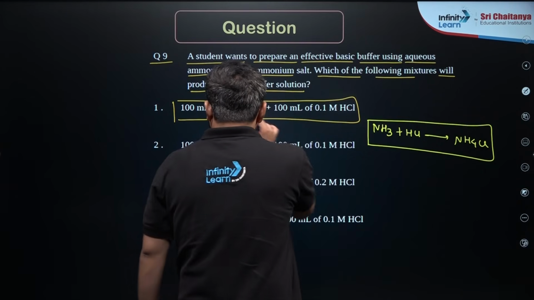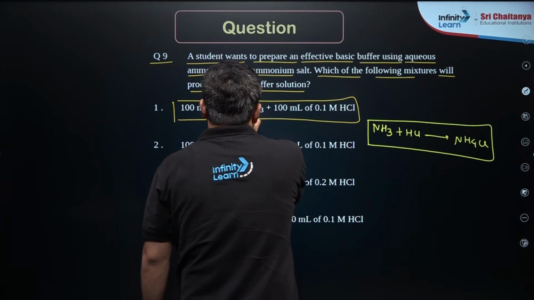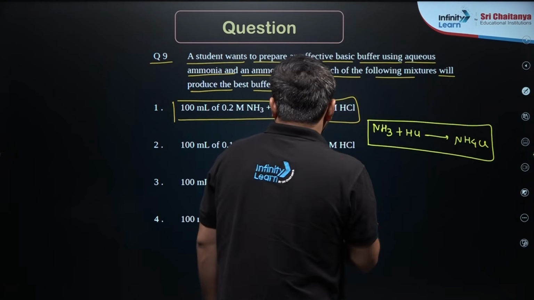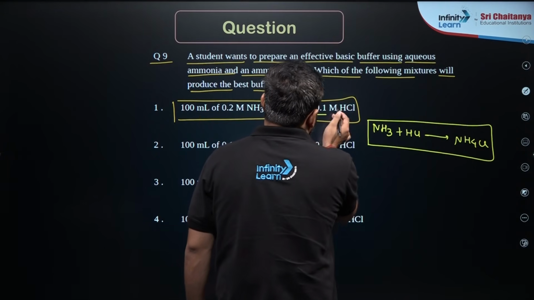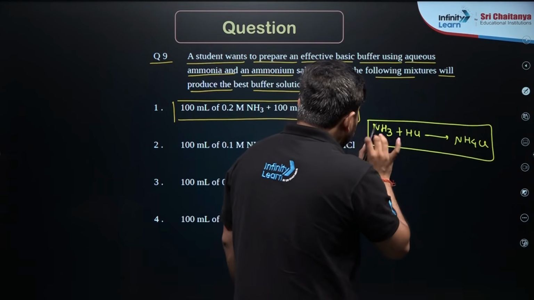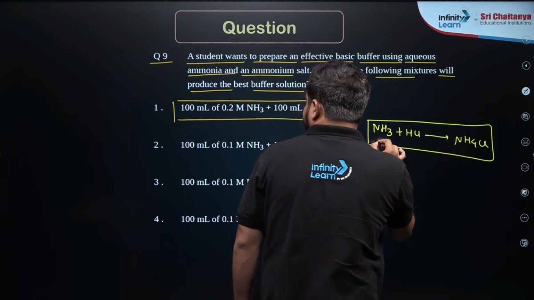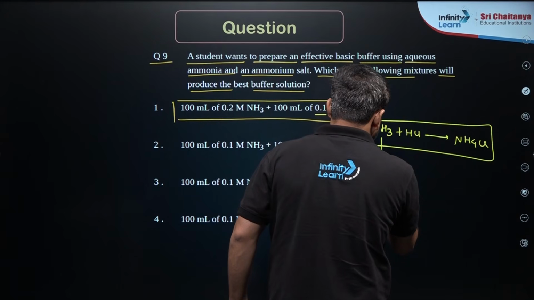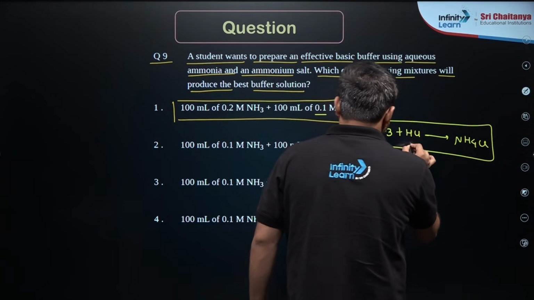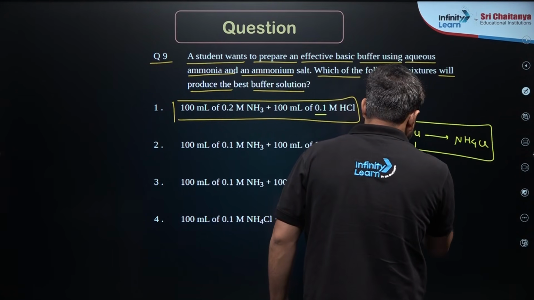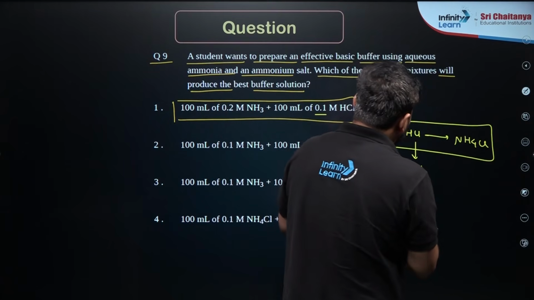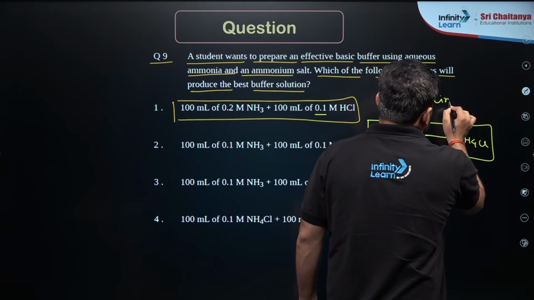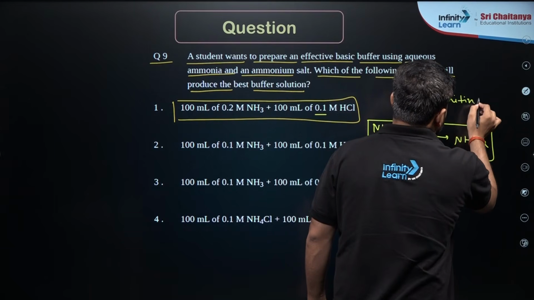In this condition, the amount of ammonia given is 0.2, and here 0.1 is given for HCl. So please remember, this HCl is present in limited amount, yes or no? So this is the limiting reagent.